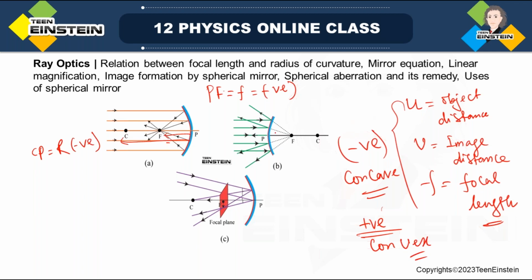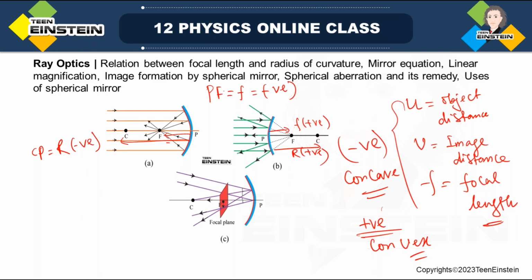Here, the focal length is measured along the direction of incident light, so it is positive. CP is also positive, that is R. In fact, only the object distance in case of a convex mirror will be negative.